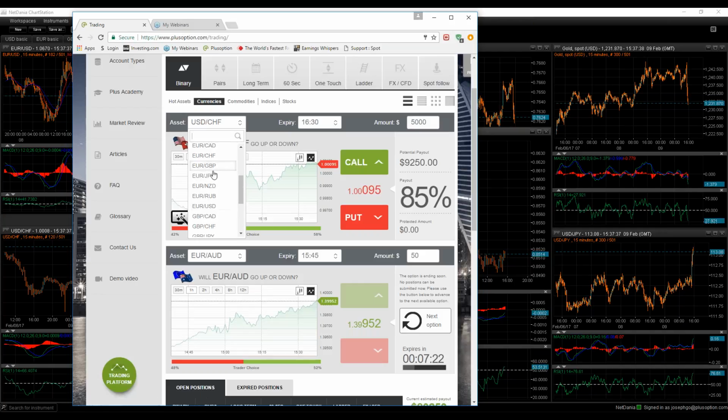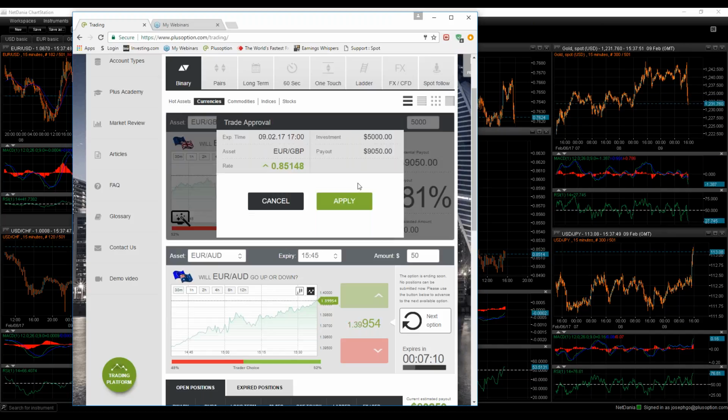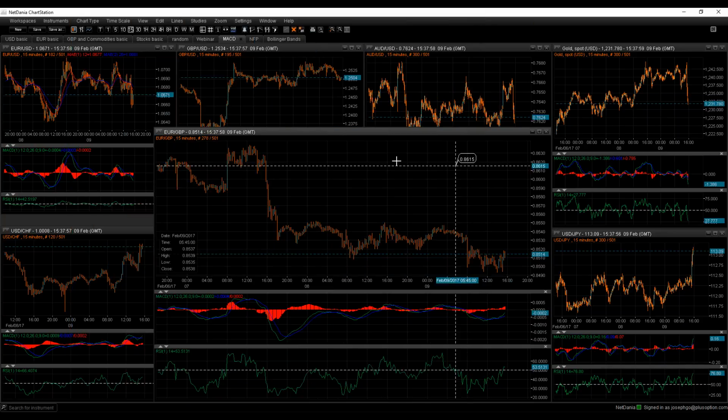So let's look for Euro GBP so we can take a call position. And we have a great expiry. Euro GBP 17. It's going to be a call. Just one moment. All right, let's see if we can get some other opportunities.